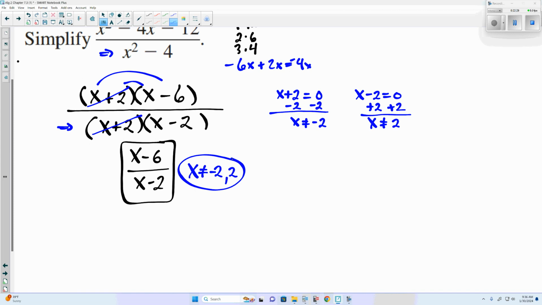So what they say is that we don't list the fact that x is not positive 2 because where we got that from is still listed. We only list our restrictions for expressions that are simplified out, removed from it. Since the x plus 2 is the only one that was removed from the denominator, the bottom, the part of the fraction that would cause it to be 0, that's the only one we list.